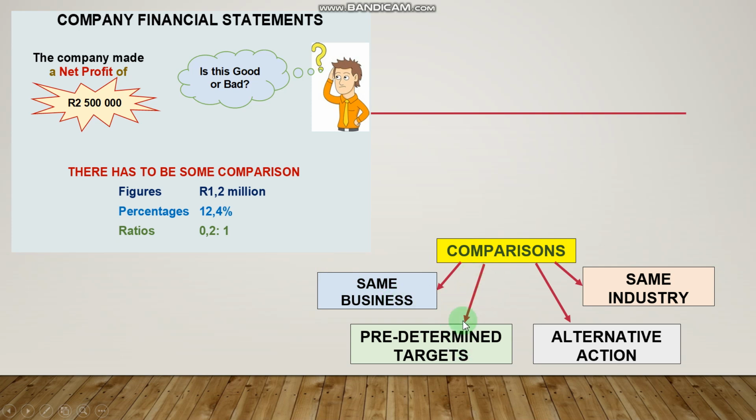The next aspect is that you can compare to a predetermined target. If you set a target, you compare your performance against that target. A common example here would be a markup percentage. Remember, the firm determines the markup percentage.